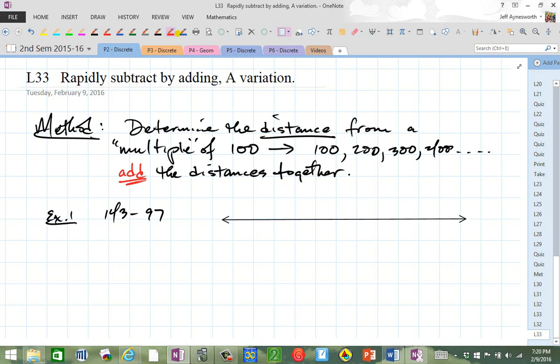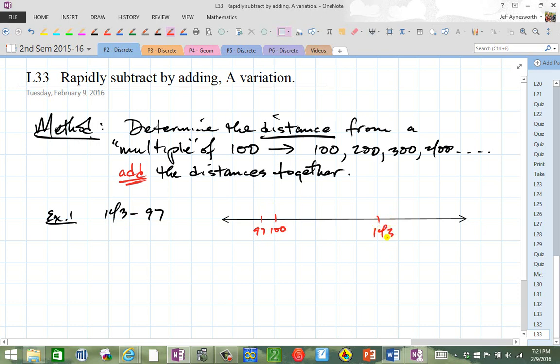So let's say 97 and 143. We understand that 100 is in between these two numbers. It's bigger than 97, it's less than 143. So what we're going to do is compute the distance from each of these to 100. Let's say that 100 is over here. There's our reference point, somewhere between these two numbers. 97 is pretty close. 143 is way out here.